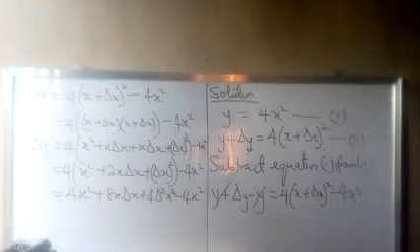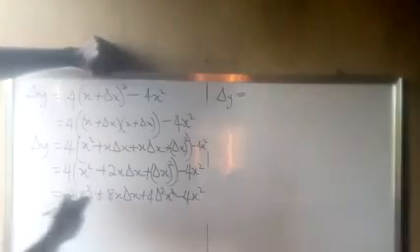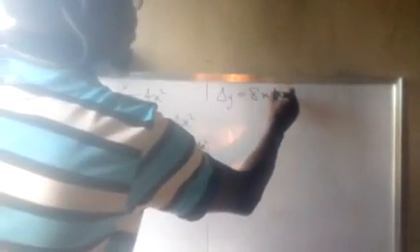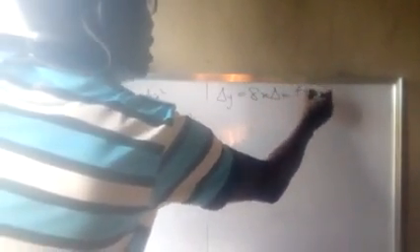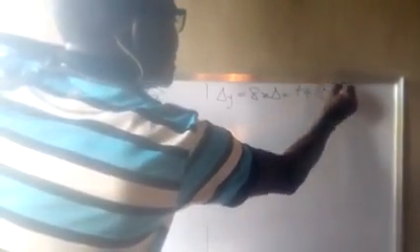With this, we can reduce that expression by carrying out simple algebraic operation. So we are going to have delta y equal to 4x squared minus 4x squared, which cancels out. We are left with 8x delta x plus 4 delta x squared.